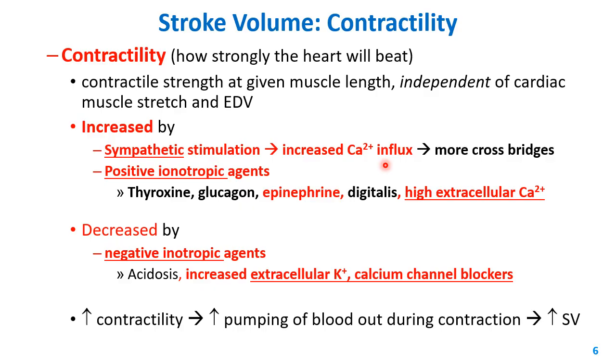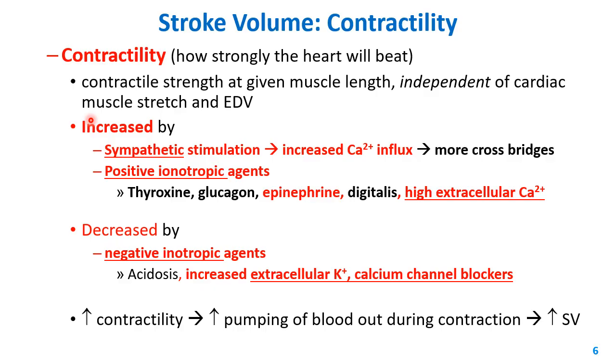So sympathetic stimulation can increase the amount of calcium that is going to get into your contractile fibers, right? So sympathetic stimulation is going to increase your calcium influx, and that is going to help to stabilize those cross bridges for heart contraction, right?